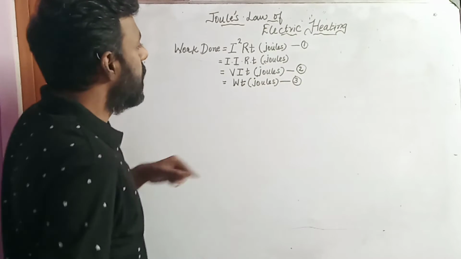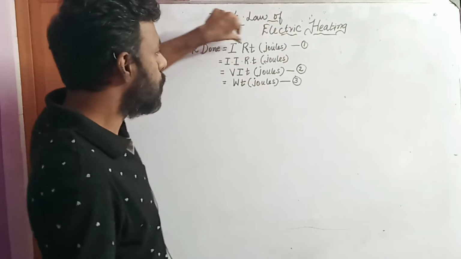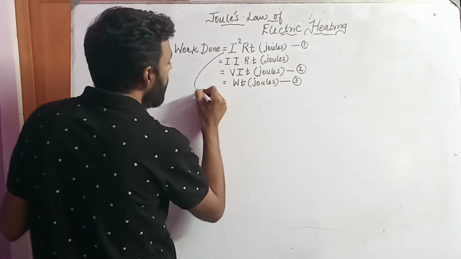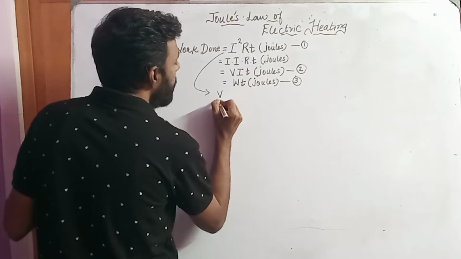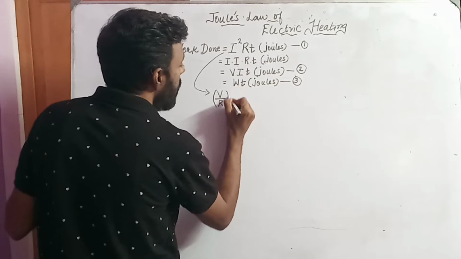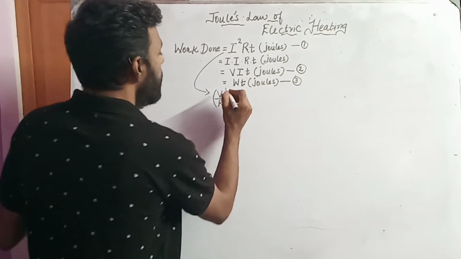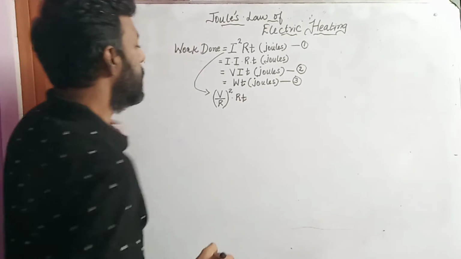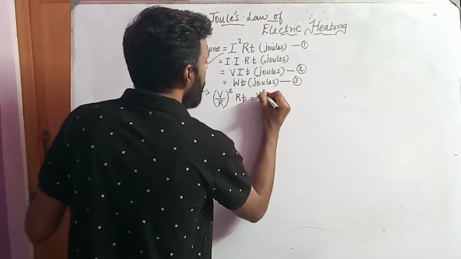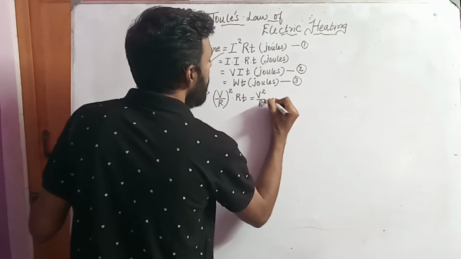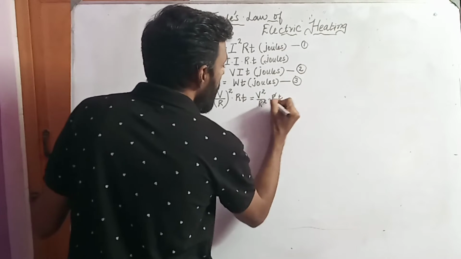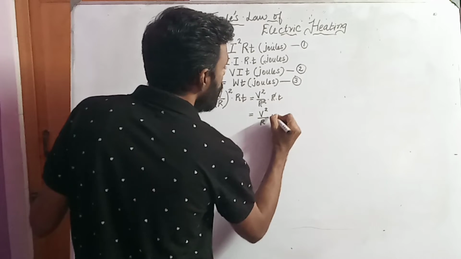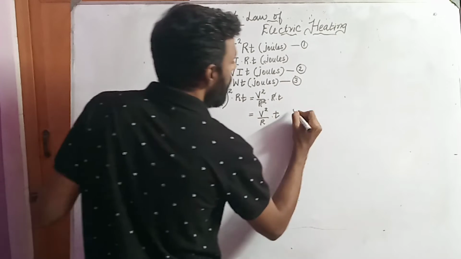So WT joules. Now I'm considering equation number 1. From equation 1, I have I squared into R into T. According to Ohm's law, I can be written as V by R, the ratio between voltage and resistance. So I is V by R the whole squared into R into T, which can be written as V squared divided by R squared into R into T. So R gets cancelled, and you'll be left with V squared divided by R into T, which is joules.